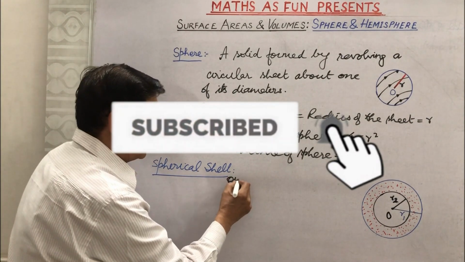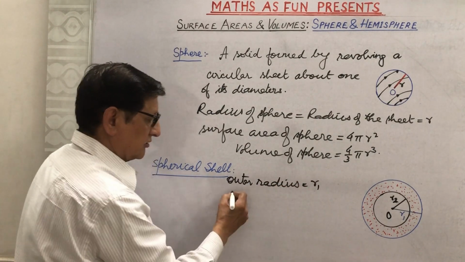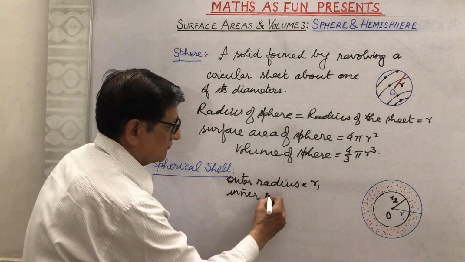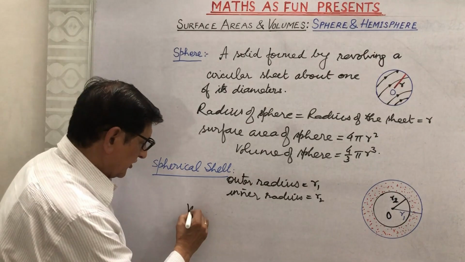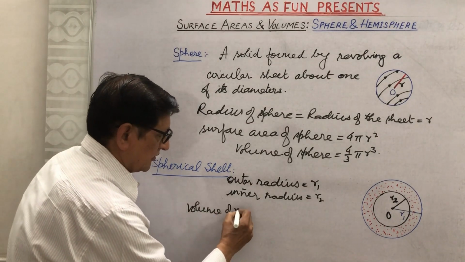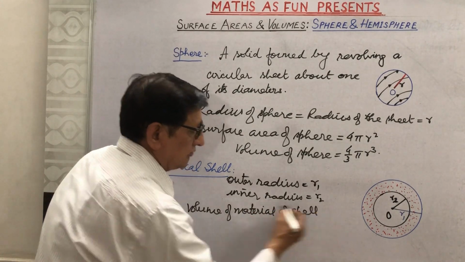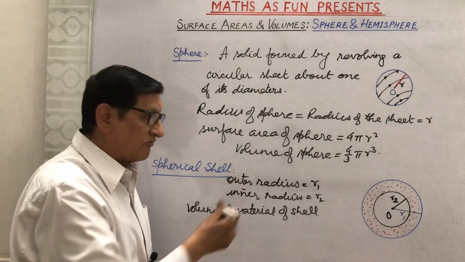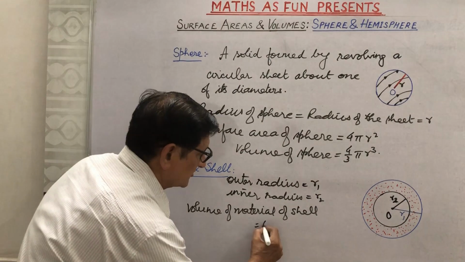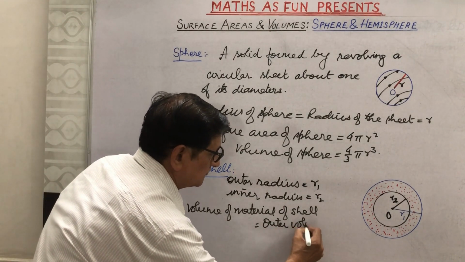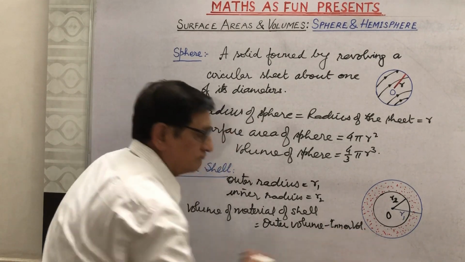We can say outer radius is equal to R1. Inner radius is R2. Then the volume of material of shell will be given by outer volume minus inner volume.